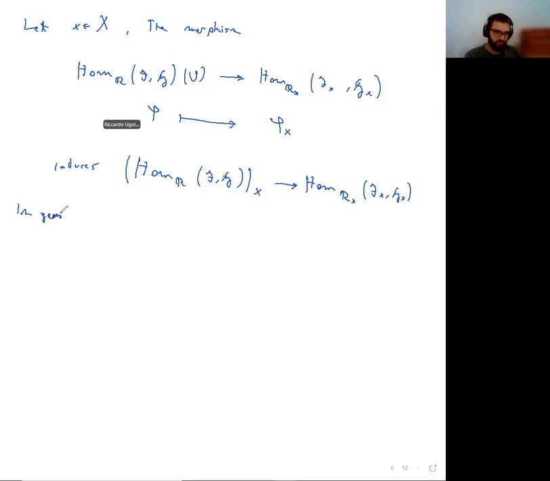And in general, this is neither injective nor surjective. So sorry, I lied when I said that everything works well under direct limits.